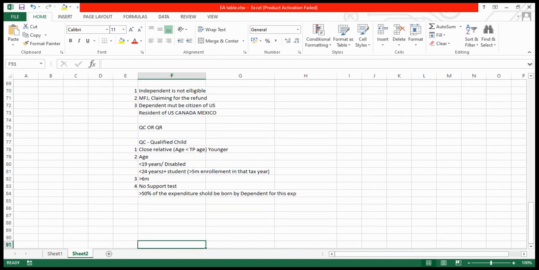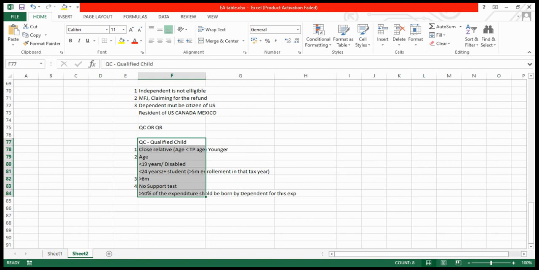So once a person satisfies these conditions, then he is eligible as qualified child and we can claim him as a dependent. So as per these rules, if someone is not a US citizen, then you need not apply any of these conditions. You can directly show that he is not a dependent.